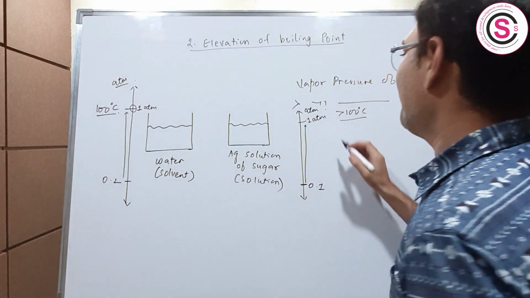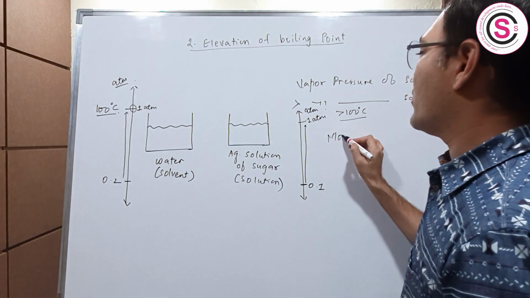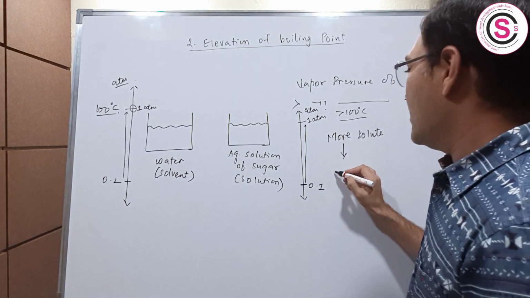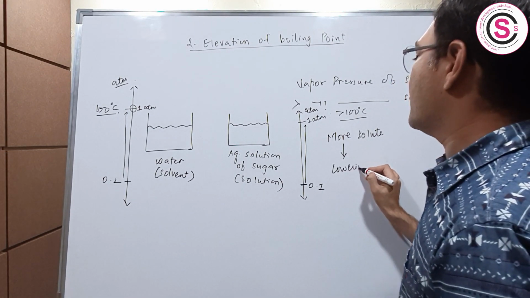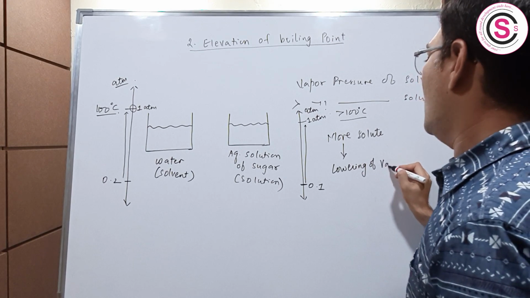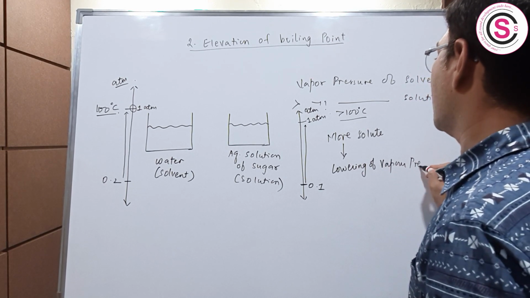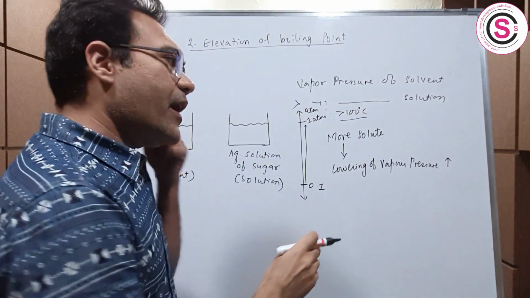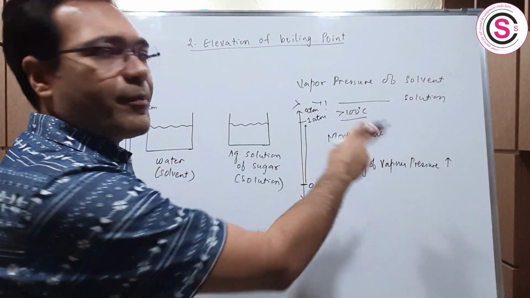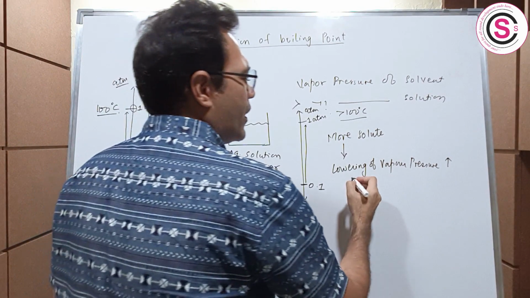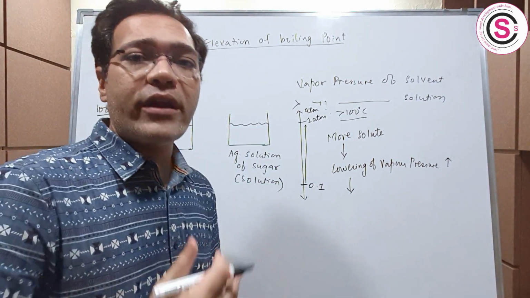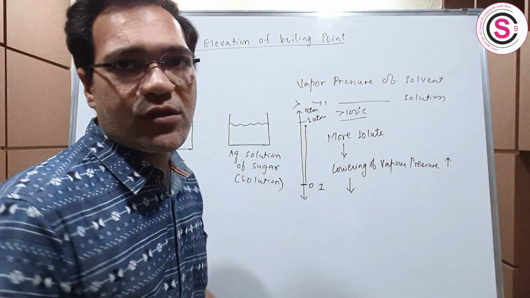What I am saying is that the more solute I add, the lowering of vapor pressure will be more. Correct? If the lowering of vapor pressure is more, then students, it will need more heat to reach 1 atmospheric pressure.